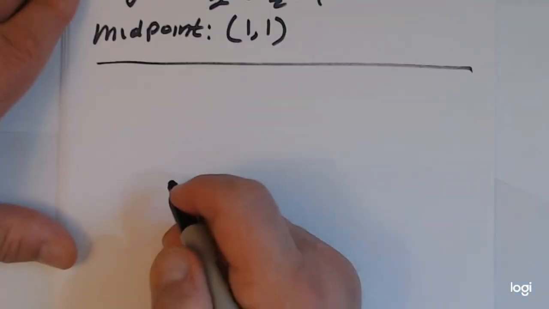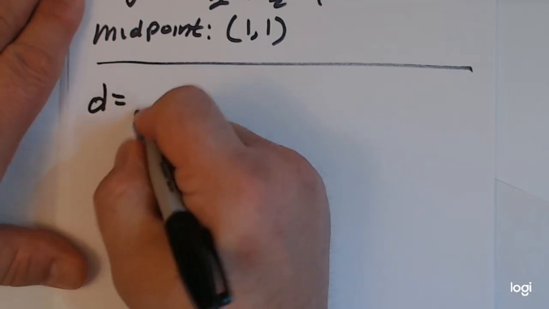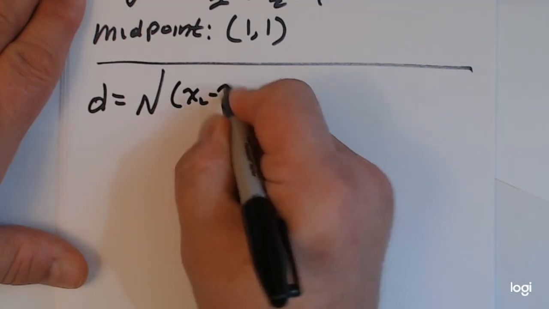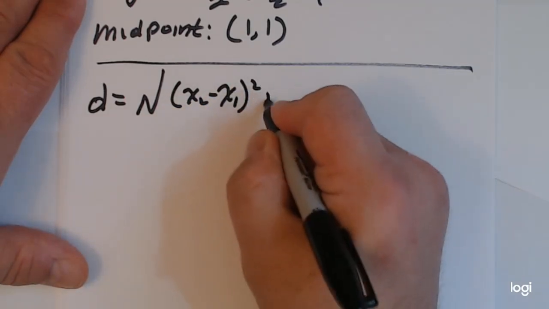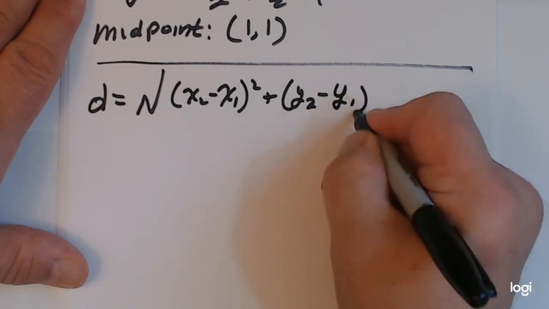All right, let's get the distance using the distance formula. So d is equal to the square root of x sub 2 minus x sub 1 squared plus y sub 2 minus y sub 1 squared.